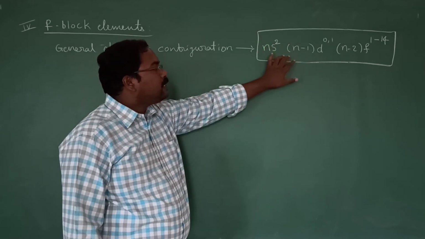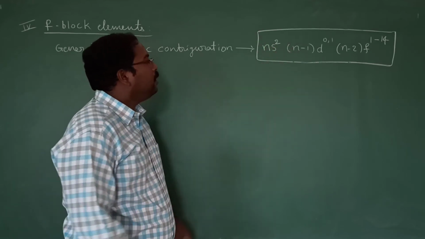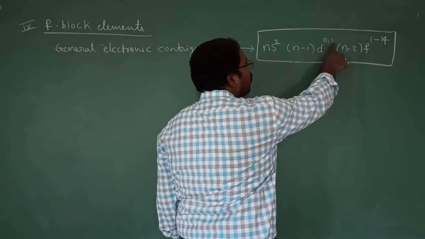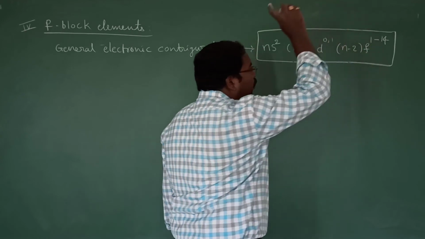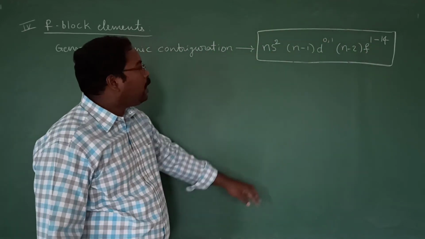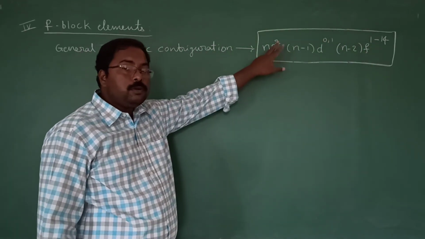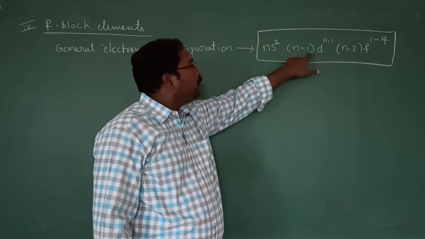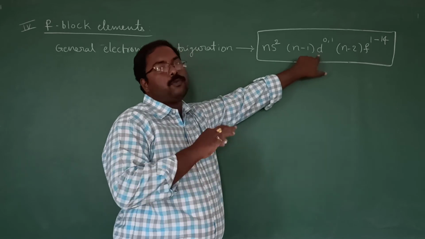So remember this general electronic configuration for F block: ns2 (n-1)d 0 or 1 (n-2)f 1 to 14. What does it mean? The s orbital belongs to the last orbit, the nth orbit. The d orbital belongs to n minus 1.